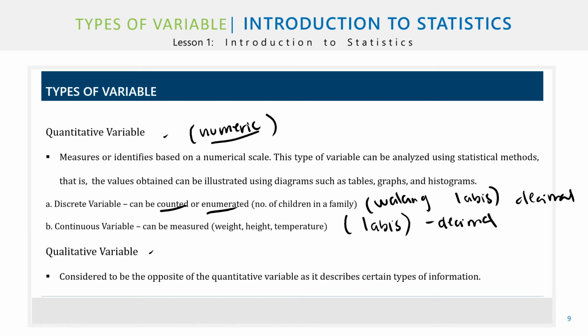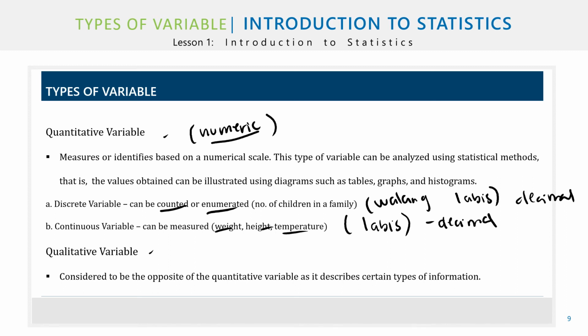Sabihin na natin mayroon akong 10 sakong bigas. Ang tanong, mabibilang mo ba lahat yan? Talagang pagpapasensyahan mong bilangin? Di ba hindi? So kapag ganon, saan siya papasok? Kay continuous variable. Wherein, hindi mo man siya mabilang or ma-enumerate, but you can measure it. Diba? So another example of it is weight, height, and temperature. Okay, so that is the two kinds of quantitative variable, namely discrete variable and continuous variable.